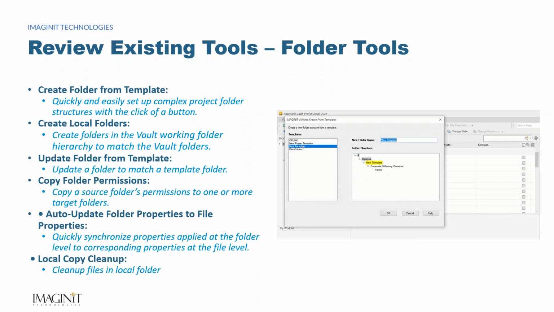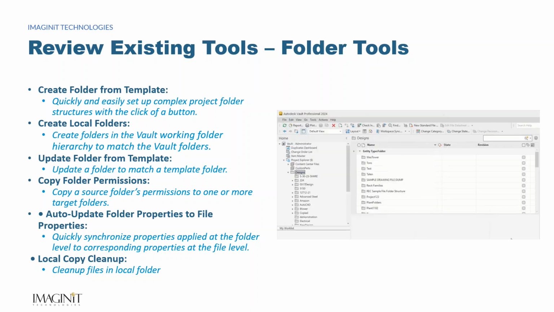Maybe there's an extra component created. Maybe there's something that's been renamed. Whatever's not up to date, and it'll clean up. Basically, it'll match what's in my Vault folder with what's in my local folder. So this whole set of tools, that's kind of why I lump these together. This is my set for folders.